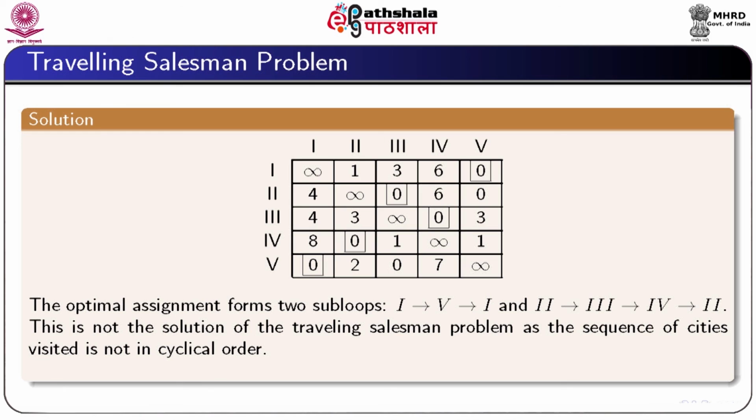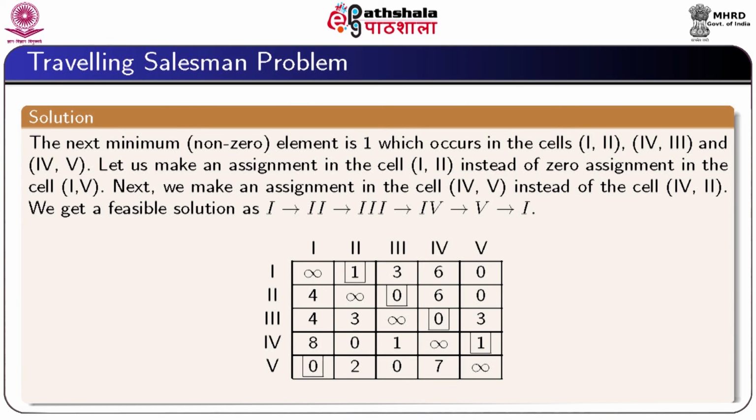If we assign cell 4 5, then we get an optimal solution because it makes a cyclical order. The salesman will travel from city 1 to 2, then 2 to 3, 3 to 4, 4 to 5 and he will come back to 1.